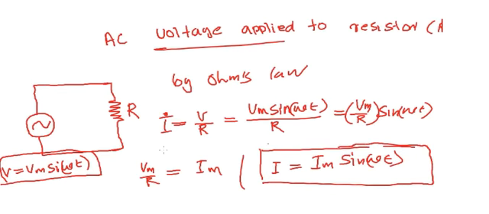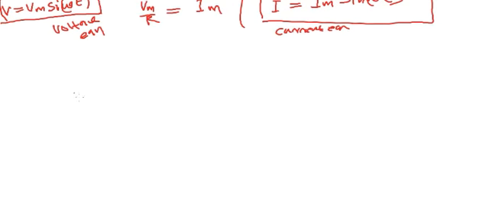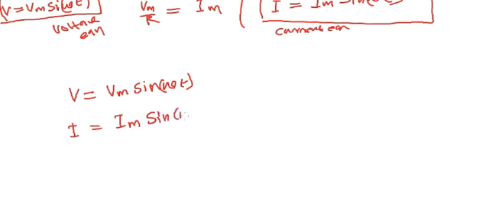Okay, this is voltage equation. This is current equation. In resistor only circuit, voltage V is equal to Vm sin omega t, and current I is equal to Im sin omega t.